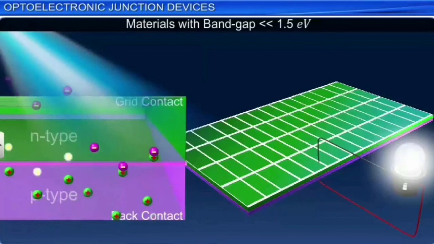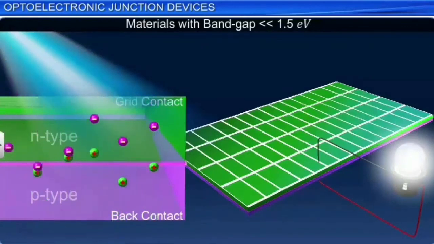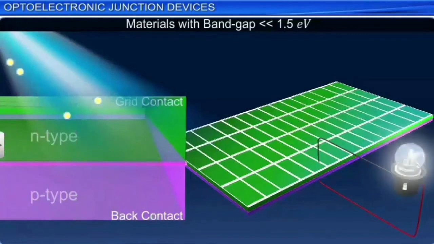There is one more consideration in choosing the material. That means the light falling on the N-type semiconductor should reach the junction. That means that semiconductor material should have high optical absorptivity.